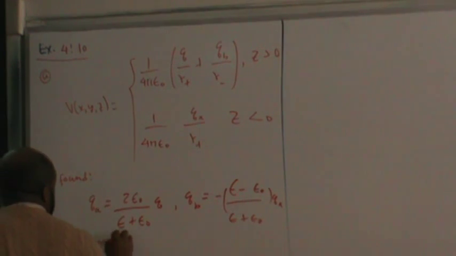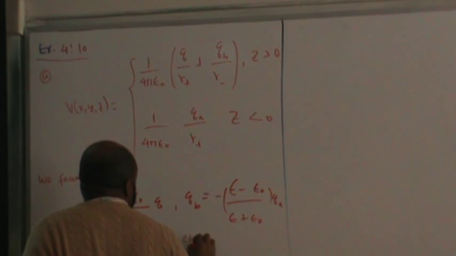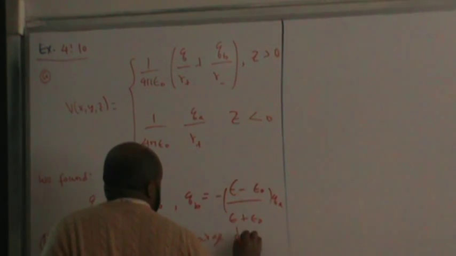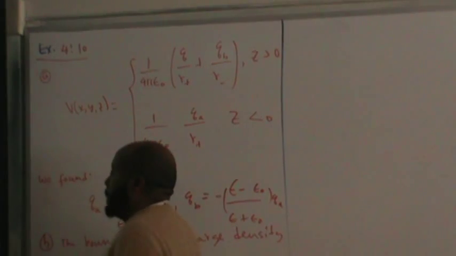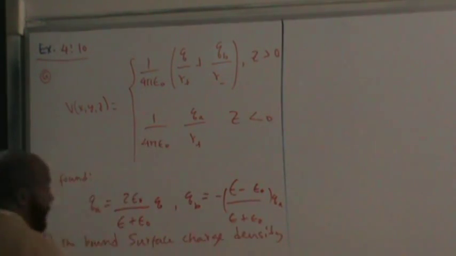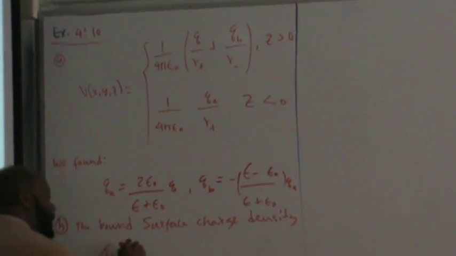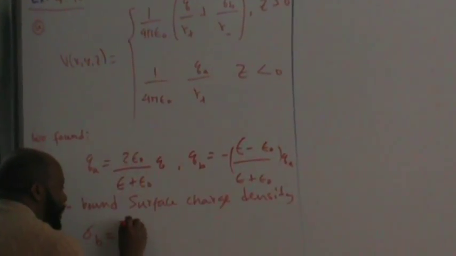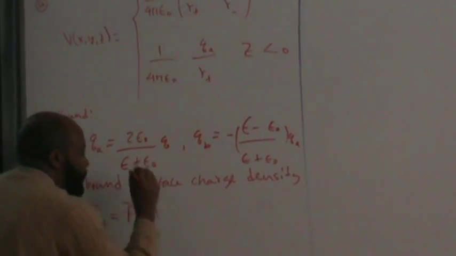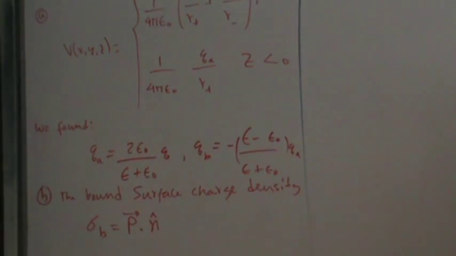The bound surface charge density, sigma bound, is defined as what? It's defined as sigma B equals the polarization vector dotted with n. Now, the polarization is related to the electric field, right?